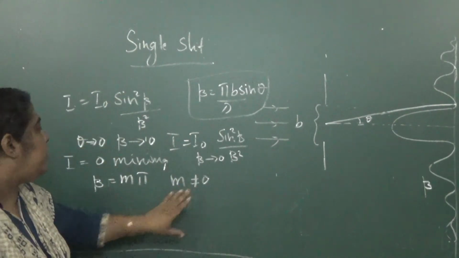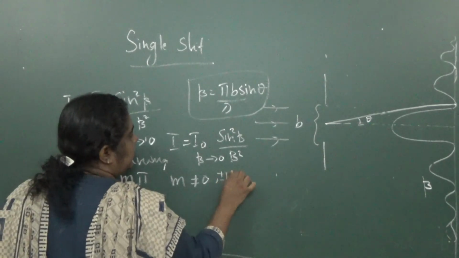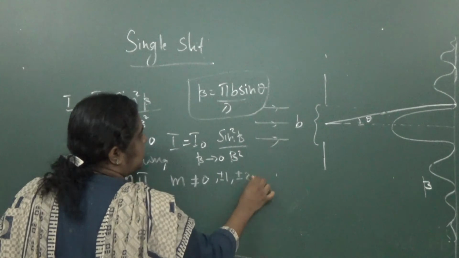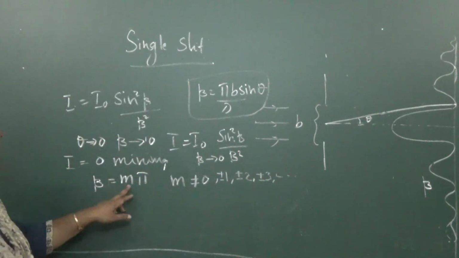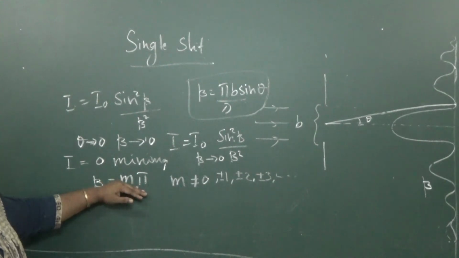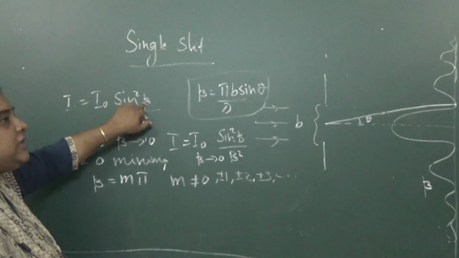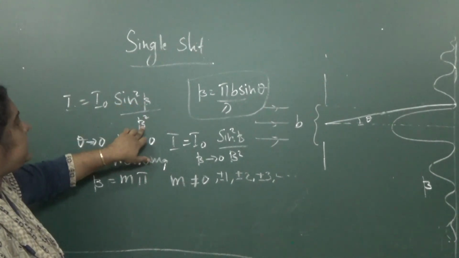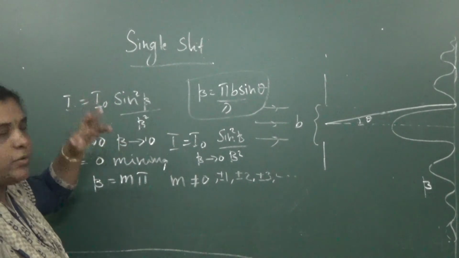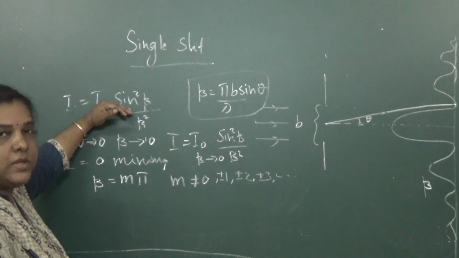So m is equal to plus or minus 1, plus or minus 2, plus or minus 3, etc. When beta is equal to pi, sin pi is equal to 0, and in the denominator it is pi, so no problem. When beta is equal to 2 pi, again sin becomes 0.